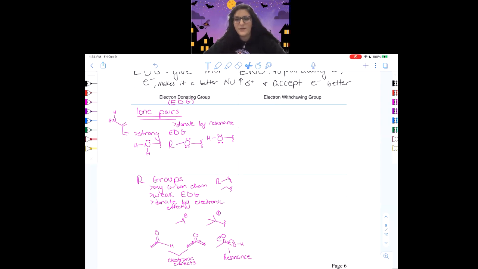I organized it and maybe it looks a little bit better now. So lone pairs are the strong electron donating groups, and that is all of these examples. R groups are the weak electron donating groups, and they are weak because they only donate by electronic effects, while lone pairs will donate through resonance.